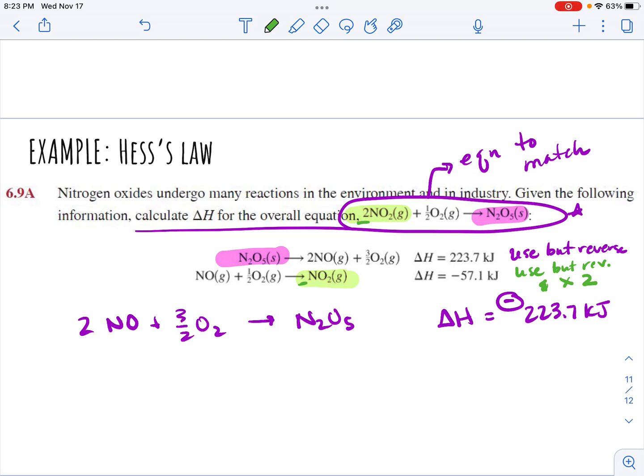I'm going to reverse it, which will make this be NO2 yields, I'm going to line up my arrows, it will make it easier, NO plus 1/2 O2, and then I'm going to times it by 2. So this will be 2 NO2, 2 NOs, and 2/2 O2. I can make that 1, but it'll be easier not to, and I'll show you why.